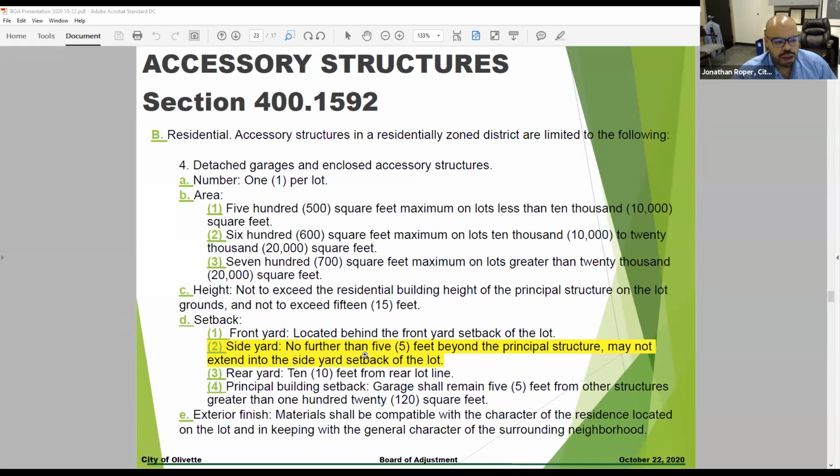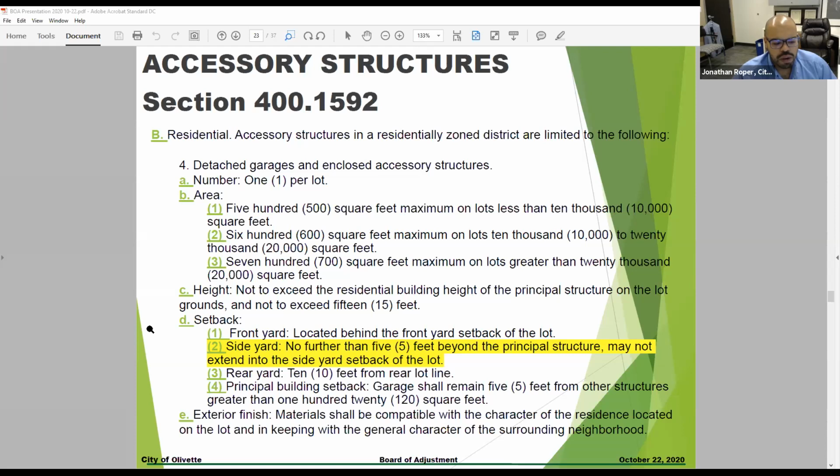What can be administratively approved would be if the accessory structure is no more than 5 feet beyond the principal structure, being the house, and may not extend into the side yard setback. In this case, it is 15 feet.